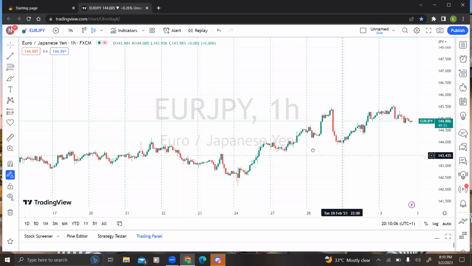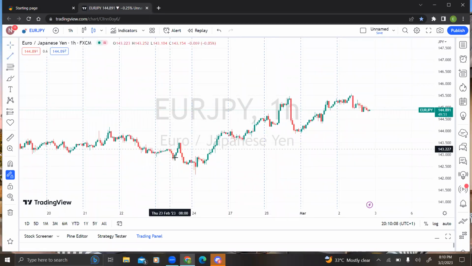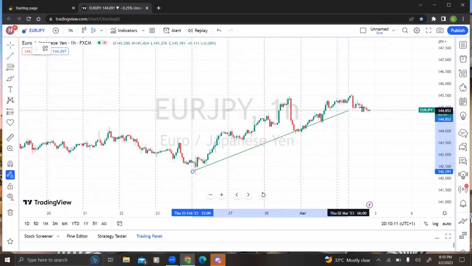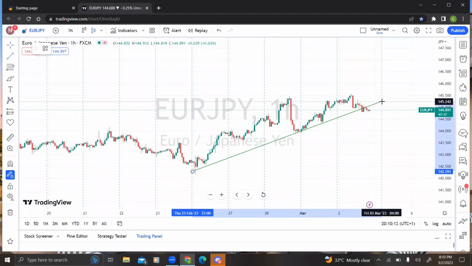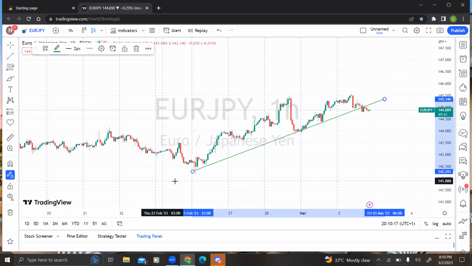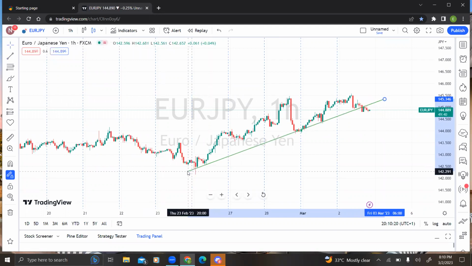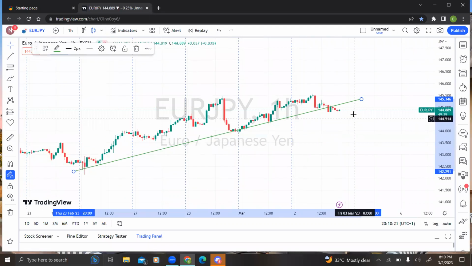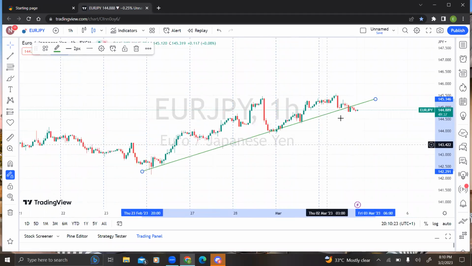So I'm going to clear this. Let's have a trend line on this, like this. So this is a trend line. I want you to see the relationship now.